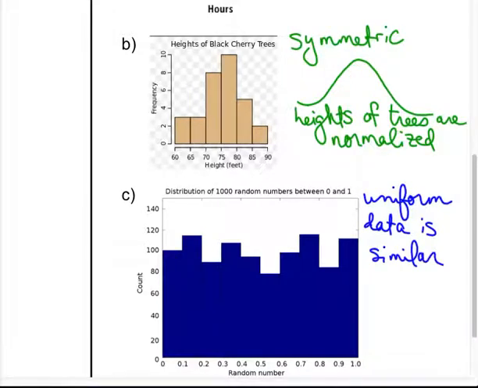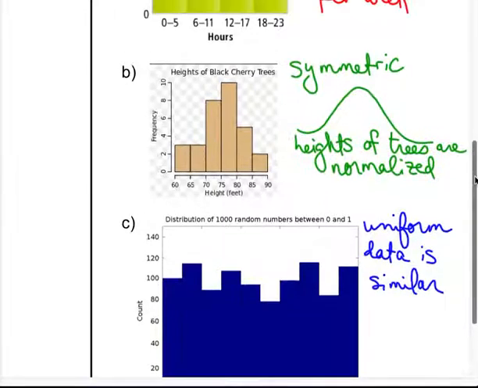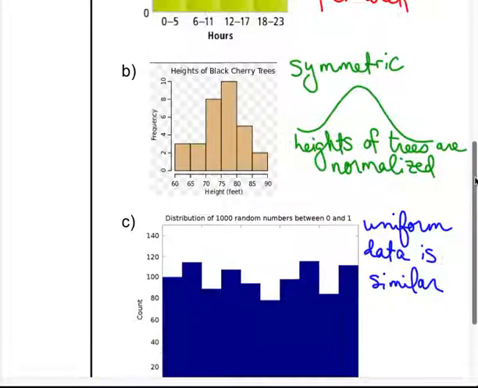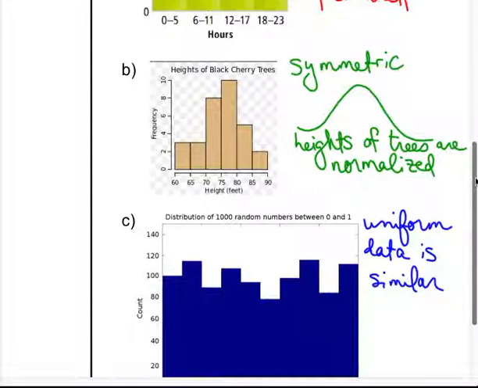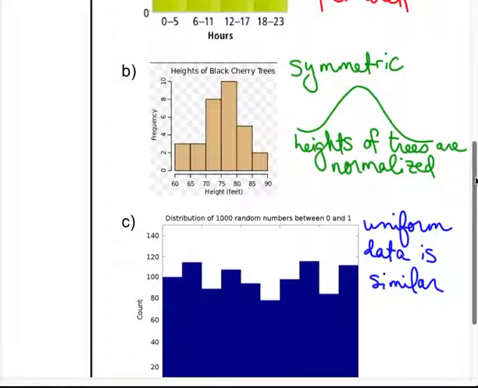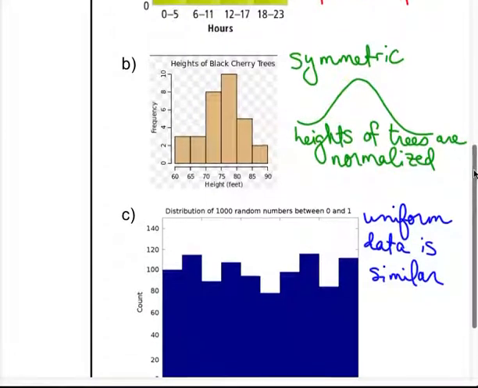Now, what you might notice is that on all three of these histograms, if you look at the bottom of the histogram, you don't see an interval, you just see numbers. Actually, our first histogram showed intervals, if you look at the top of the screen, 0 to 5, 6 to 11. But the last two only showed a single number.